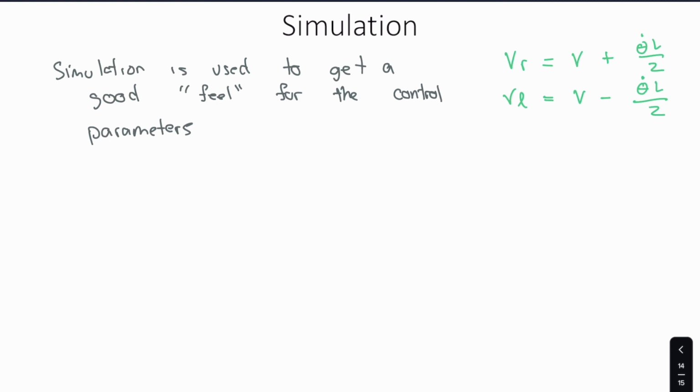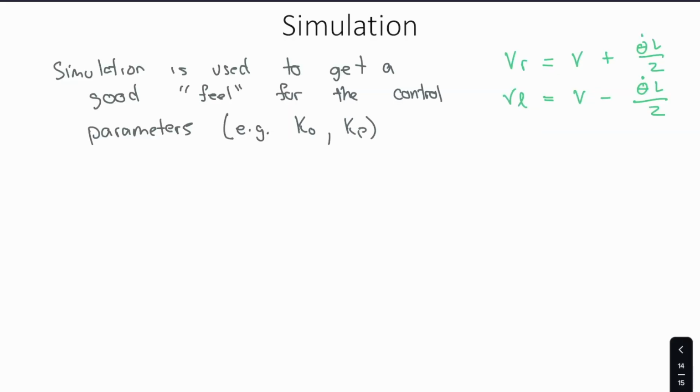So what values are actually going to let you hit your target? Because for certain values of KO and KP, you'll just never be able to reach your target. So for example, if KO is too small, you'll never be able to orient toward the target. Or if KP is too large, you'll continually overshoot and not be able to settle down near enough to your target.